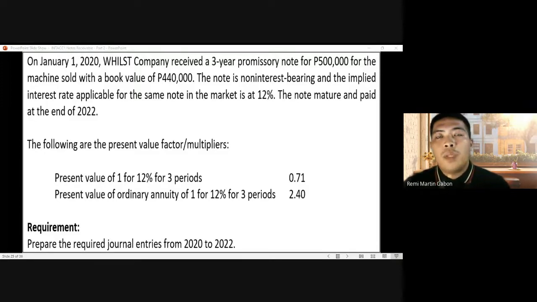Now, the same with what we have yesterday, I have only given the figures for the present value factors. Now, in addition, as a bonus today, I will teach you how to compute the 0.71 and 2.40. So hopefully you have your calculators with you.